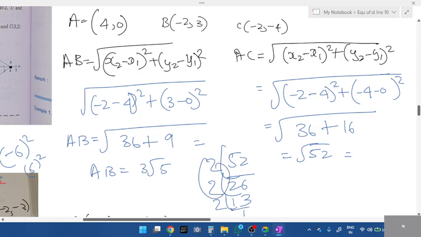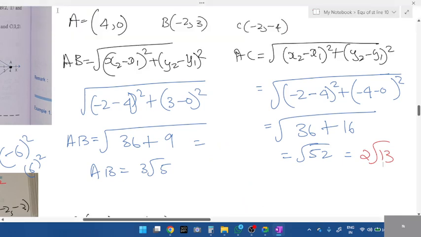So if you take 2 value, what do you get? 2 root 13. That's the reason I wrote 2 root 13. Is it clear? All of you understood? Root 13.